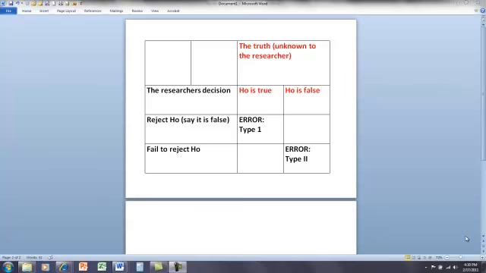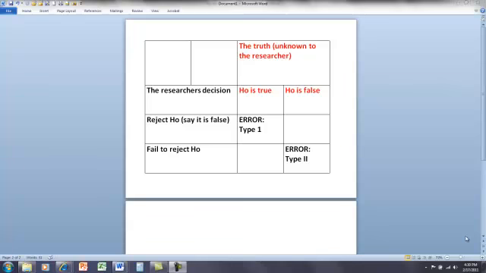And if there's a big enough difference in our sample means or in whatever statistic we're evaluating, then we'll say that the evidence suggests that the null hypothesis is false. If, on the other hand, from our samples we don't see very much difference, we'll say, well, I cannot reject the null hypothesis, so I'm going to conclude that there's no difference between the populations.